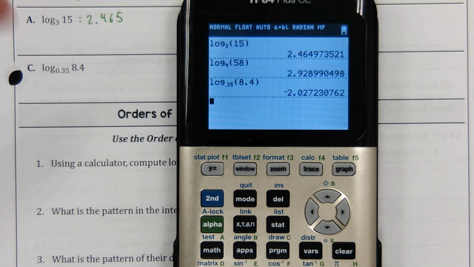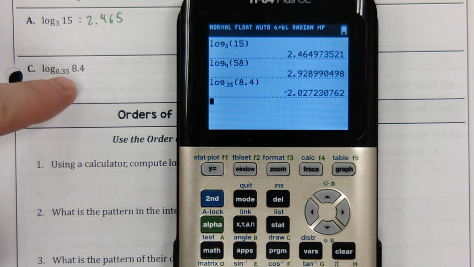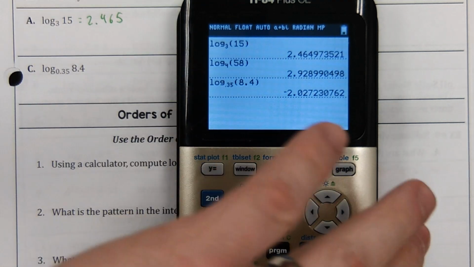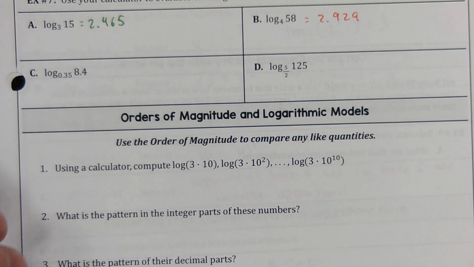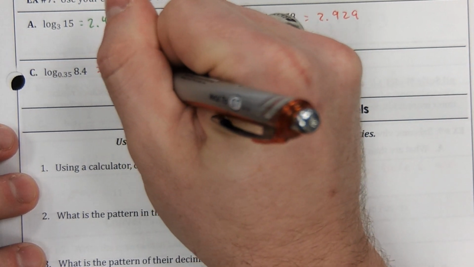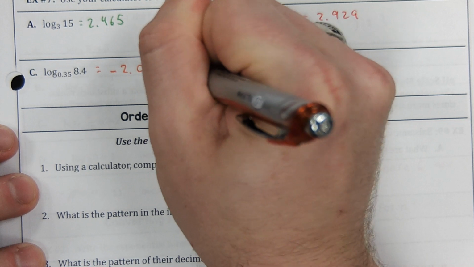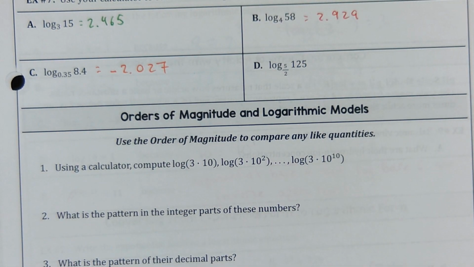It was an estimate because I said 100 over 35 was about 3. So yeah, -2.027. I'm going to use 3 decimals. This is AP. AP wants 3. I'm using 3.